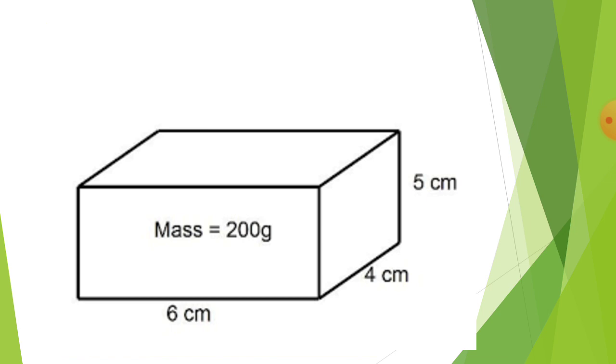Finding the mass is simple by placing the cube on a balance scale or a weight scale and taking the reading of the scale. This is going to give us the reading in grams.